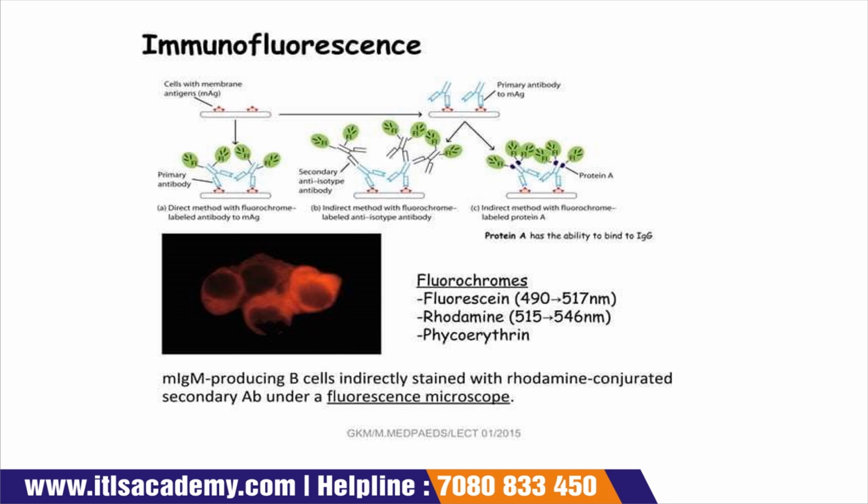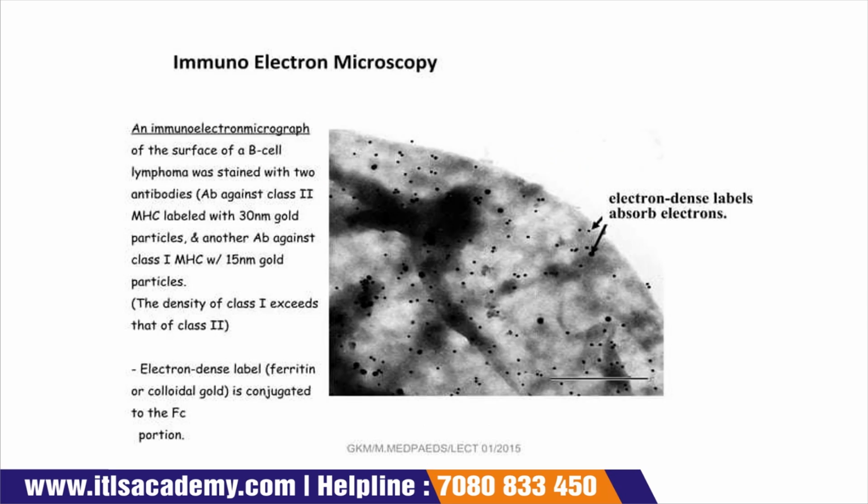Immunofluorescence: we use fluorochromes like fluorescein, 490 to 570 nanometer, rhodamine, 515 to 546 nanometer, and phycoerythrin. Okay, so this is immunofluorescence. Come to the next slide. Immunoelectron microscopy. This is used for the structure of B cells.